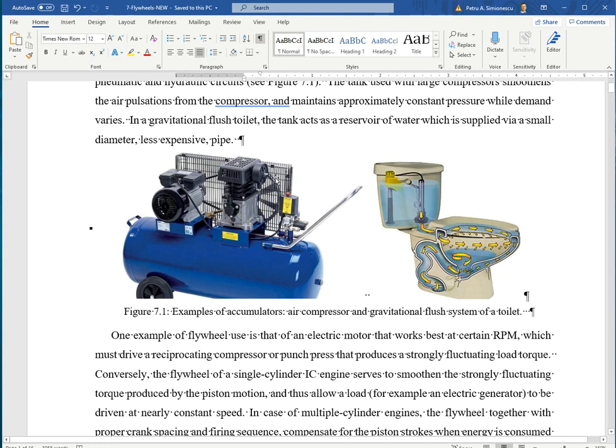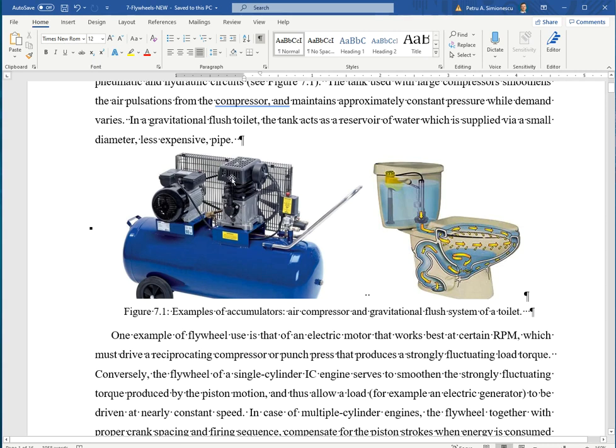So what it does is the flywheel smoothens the resisting load experienced by the motor, because the resistance to piston motion and the load torque on the crank or shaft of the compressor is variable, and the flywheel smoothens that and makes it closer to even the way it's sensed by the electric motor. And you could use a smaller size electric motor this way, rather than without a flywheel.